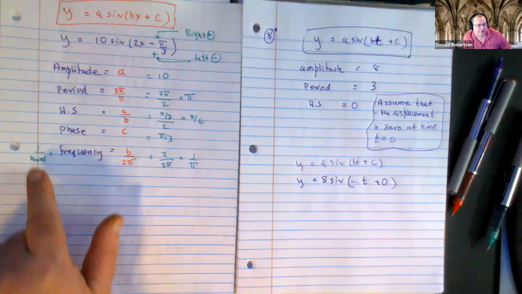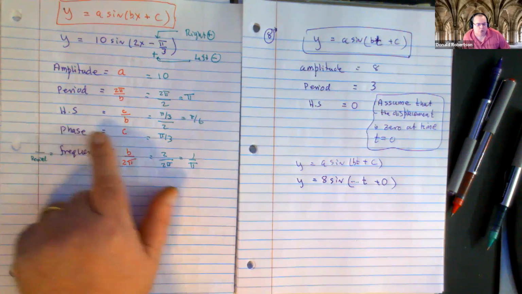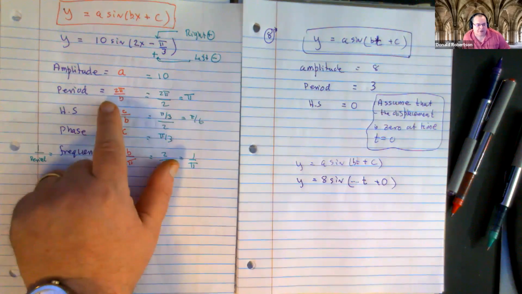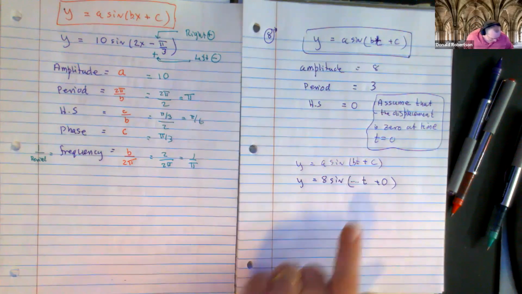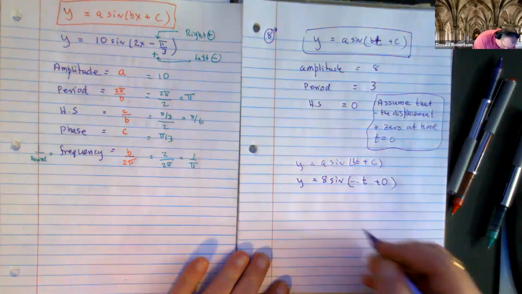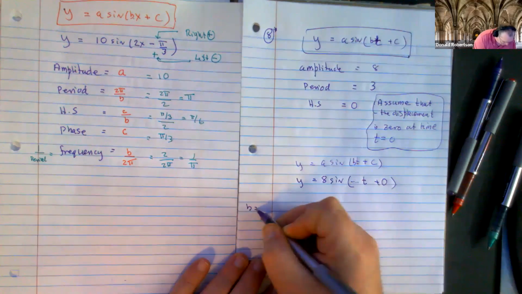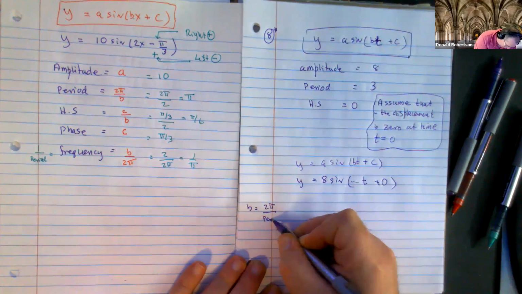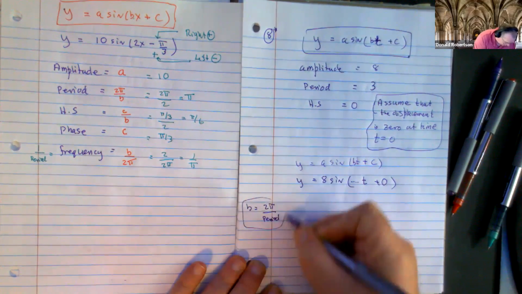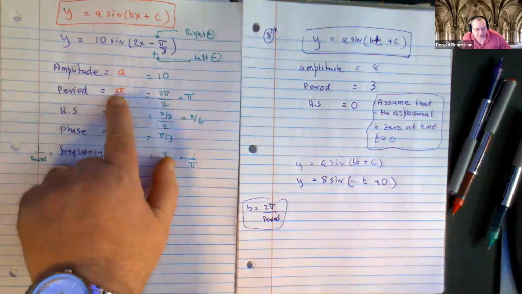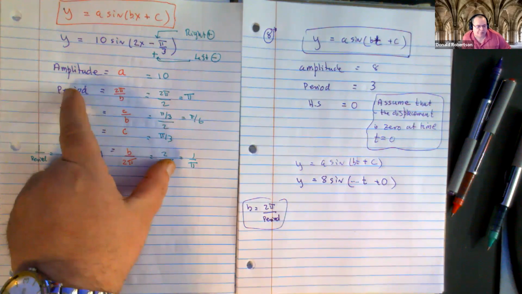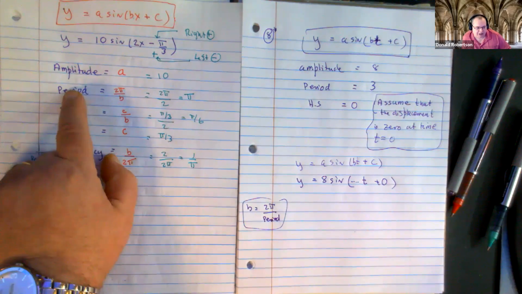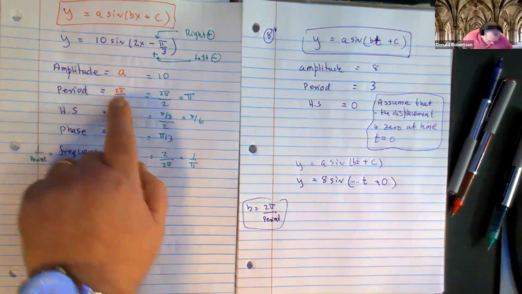So if I look at this formula here, and I know what the period is, and I'm trying to find the missing value for b, it's just a rearrangement of this formula. Isn't b then 2 pi divided by the period? If you take this formula and rearrange it so that it becomes b equals, these two essentially switch places, and b equals 2 pi over the period.